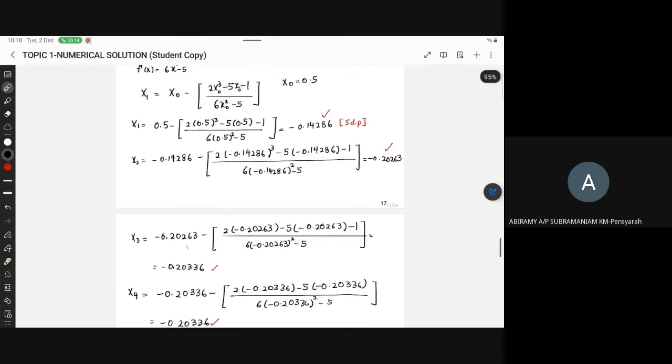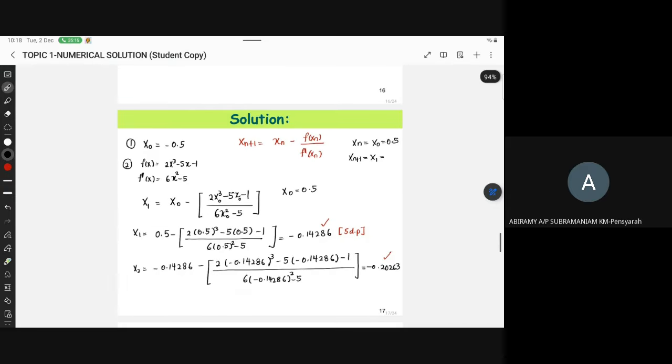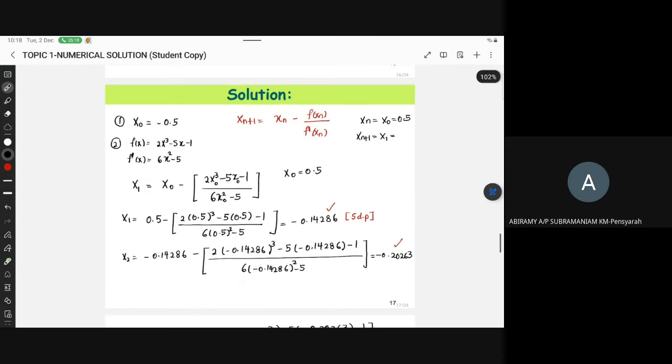Okay, let's look back at the Newton-Raphson method. So what is the Newton-Raphson method? First, we need to identify the initial value. Second, we need to differentiate the given function. Third, we need to substitute the initial value into the Newton-Raphson formula to get the next value that is nearing our root.